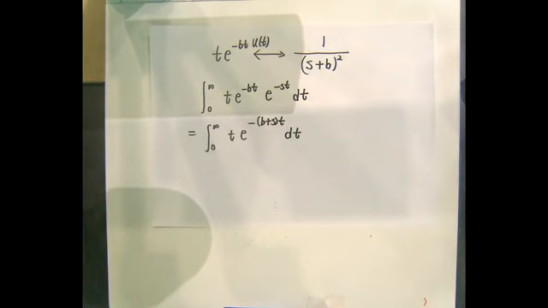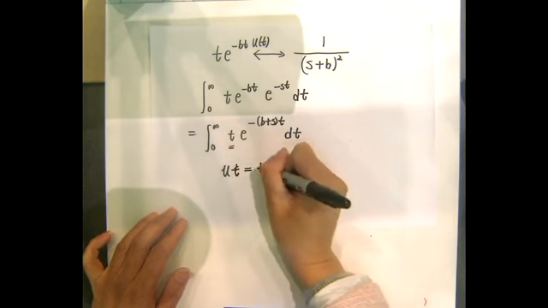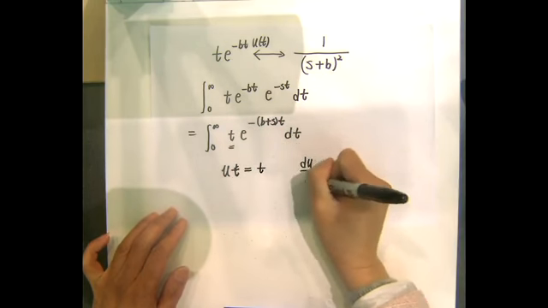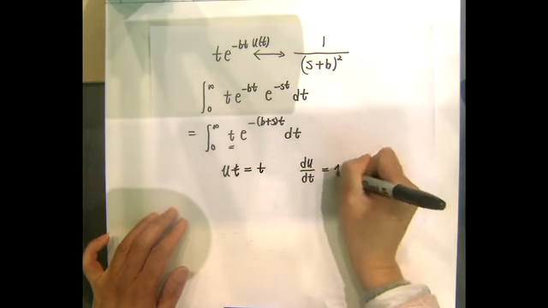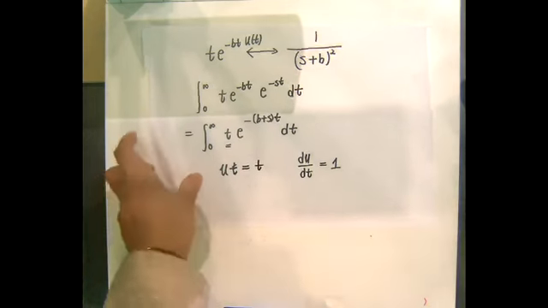I will use integration by parts. Okay. And I will consider this t as my first variable, and my du/dt will be the constant 1.